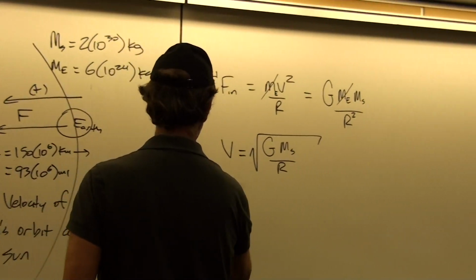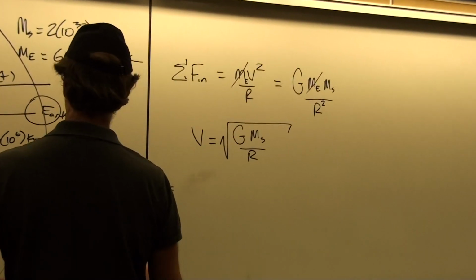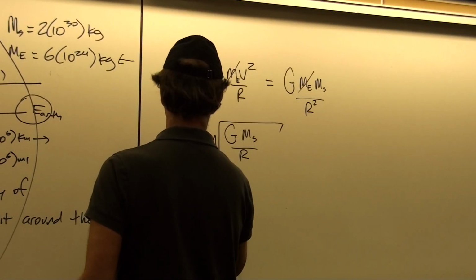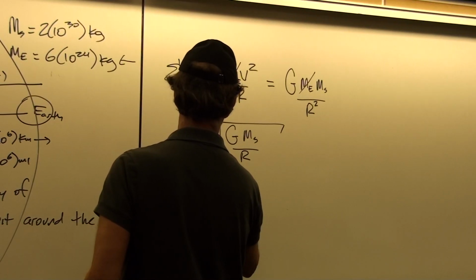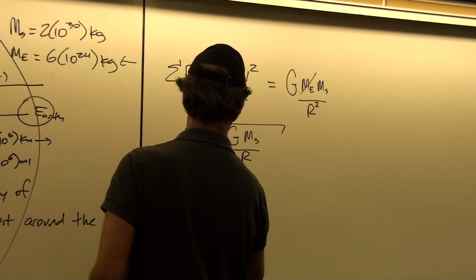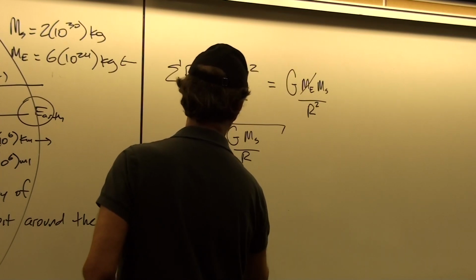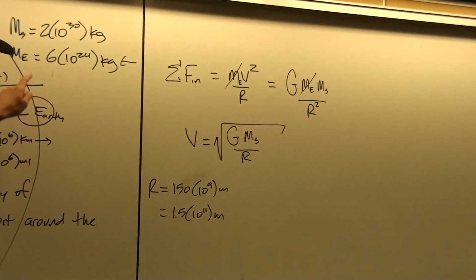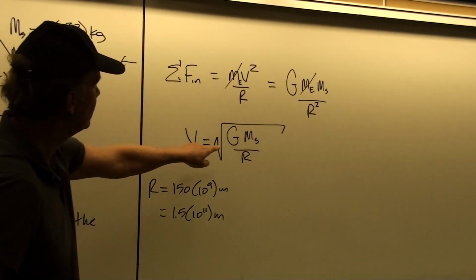Now we need to write that in the correct units. So we could write this as 150 times 10 to the 9 meters, or that's 1.5 times 10 to the 11th power meters.